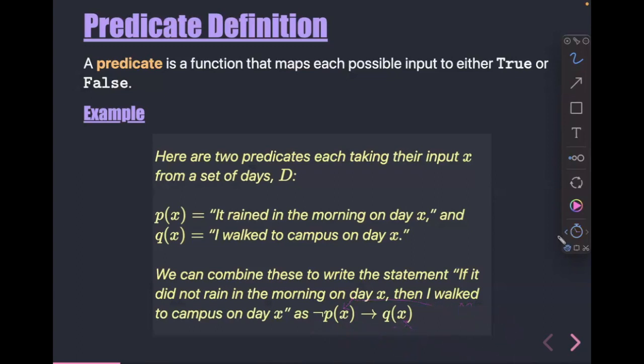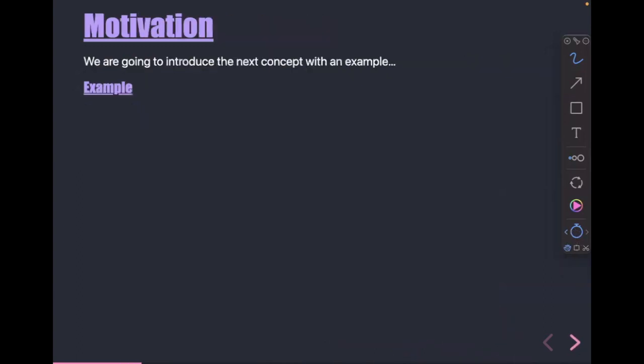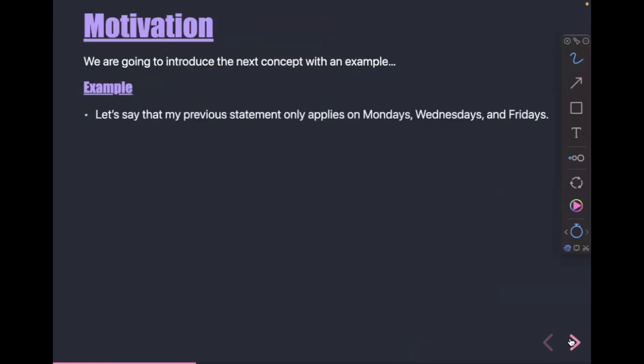So let's do a more detailed example of that. We are going to express that statement again: not P of X implies Q of X. But now I want to say it only applies on Mondays, Wednesdays, and Fridays. So how can I do this using what I've already learned?